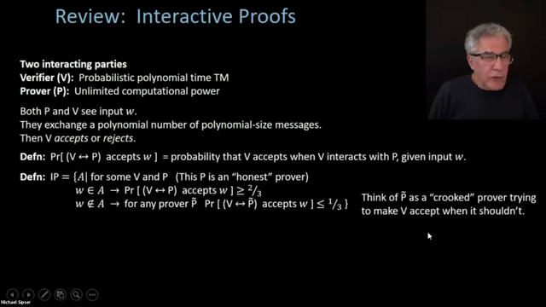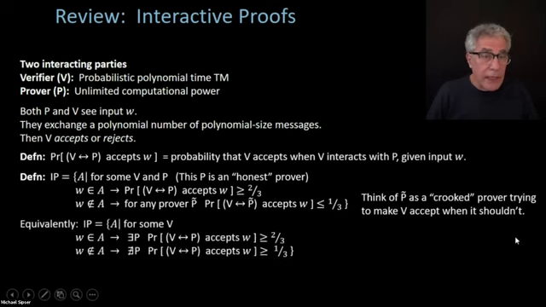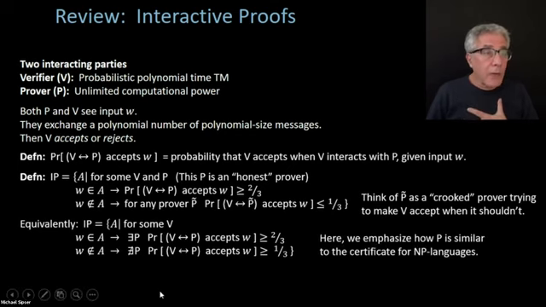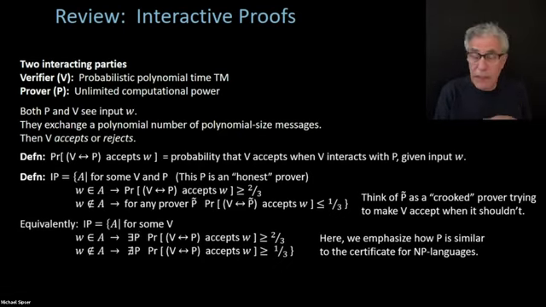You might think of the prover as trying to make the verifier accept. So, the P tilde is a crooked prover. I don't think that went down very well with everybody. So I have here another way of looking at it. Maybe it looks a little bit more like NP. IP is the collection of languages where there's a verifier, just like you can think of NP as having a verifier which can check certificates.